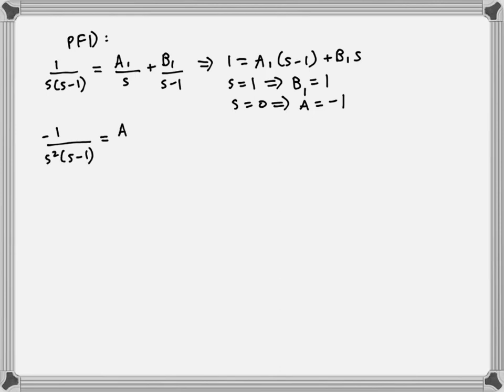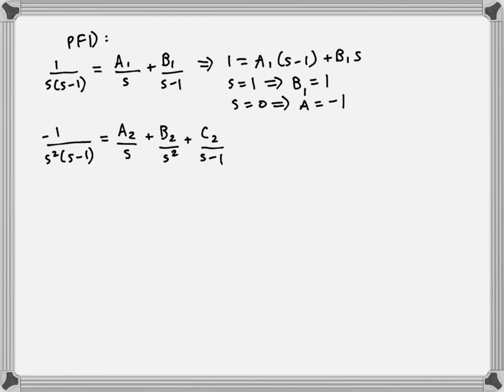This is going to equal a2 over s plus b2 over s squared plus c2 over s minus 1. This is why I use subscripts, because I knew I was going to do partial fractions twice.